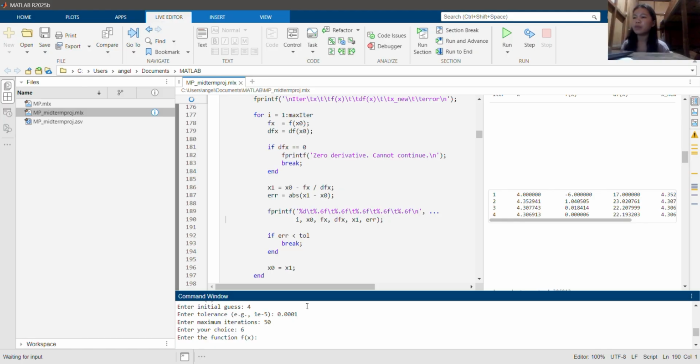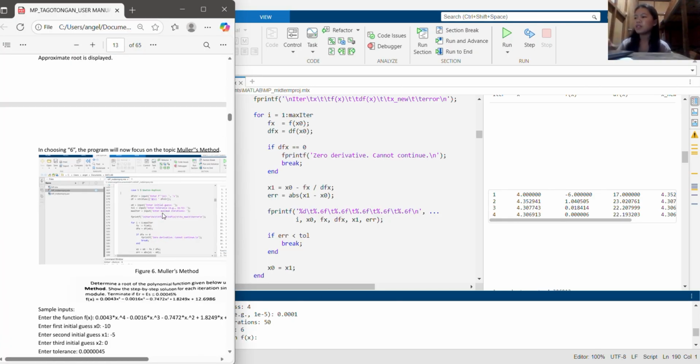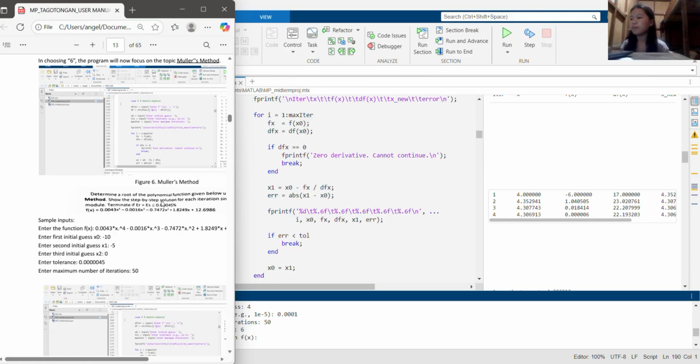Next is Muller's method, which is number 6 in the choices.